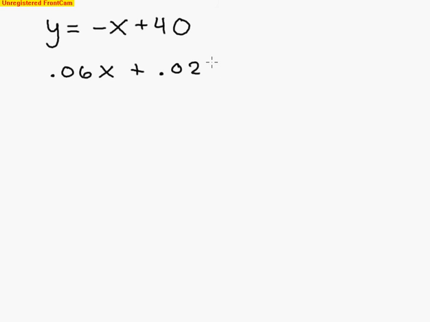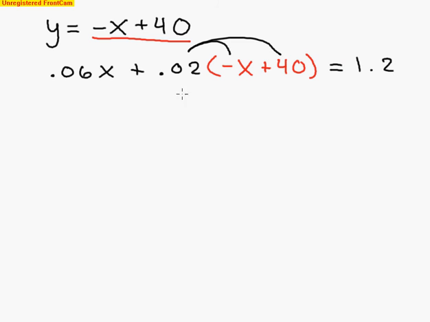Instead of y, we are plugging in this entire thing. Make sure you use parentheses so that you understand this entire thing is being multiplied by the 0.02, and it equals 1.2.